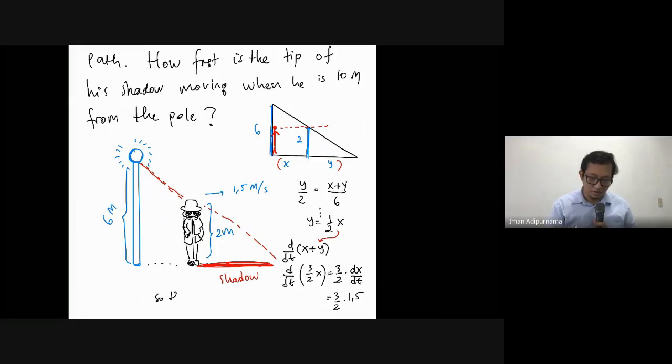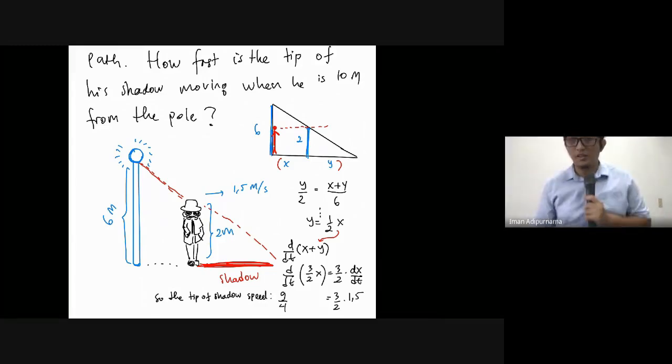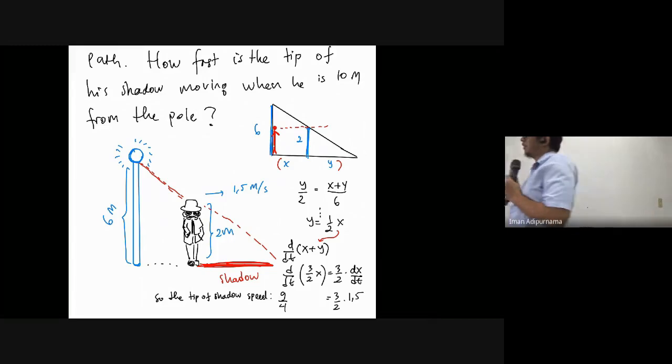So the shadow, or the tip of shadow, speed is 9 over 4. You don't even need the distance when he is 10 meters. Don't really need that. You can also include that, but the ratio will still be 9 over 4.